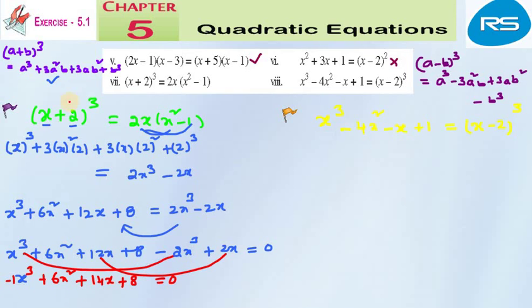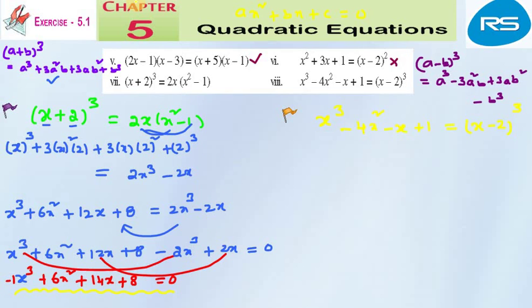So in this equation you have a total of 4 terms. But in the quadratic you have only 3 terms. So what are those? You will have ax square plus bx plus c is equal to 0. Here you have 3 terms and here you have 4 terms.